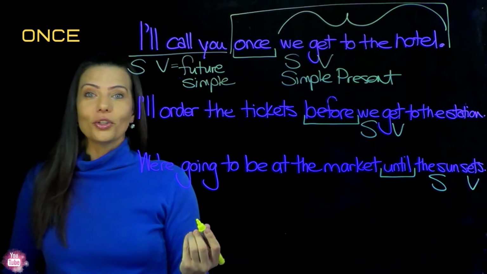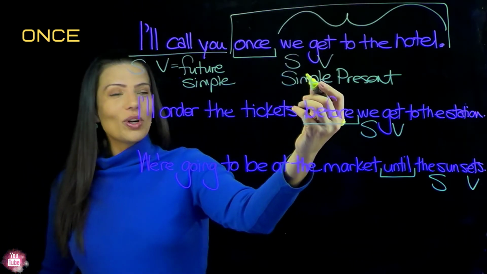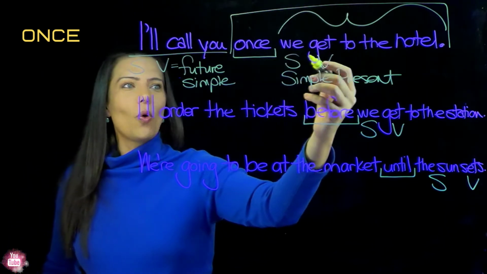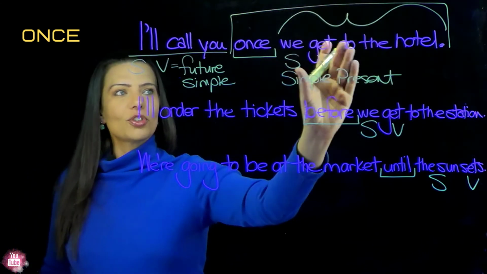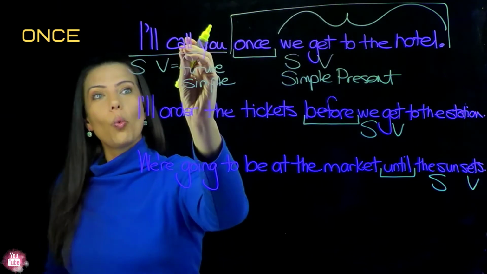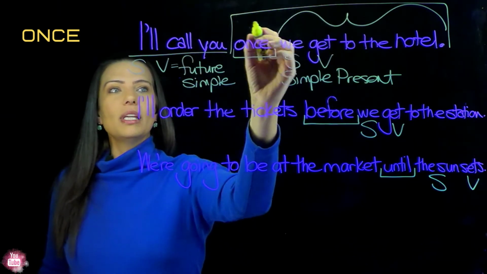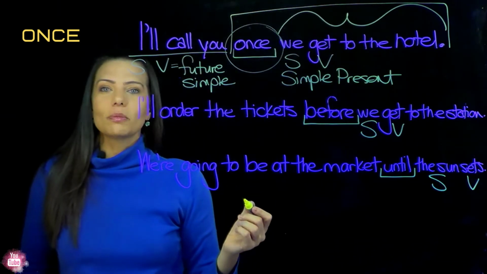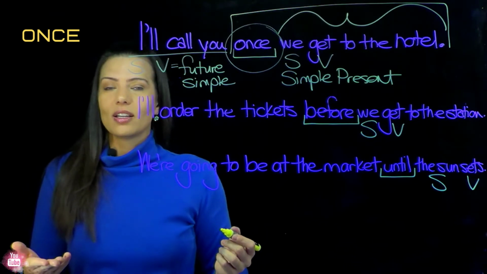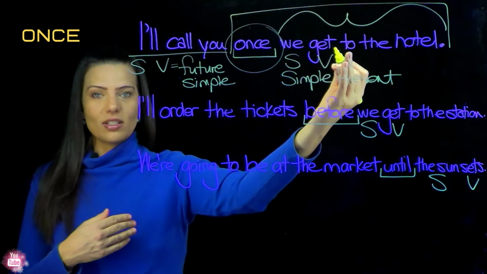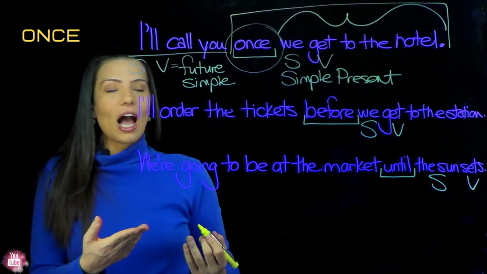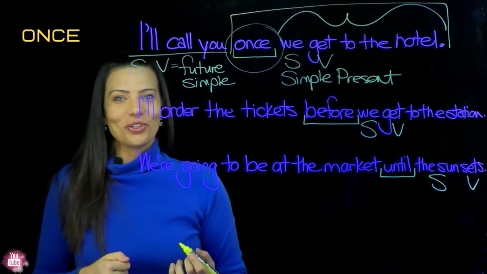I will call you. When are you going to call me? You're going to call me once we get to the hotel. Okay, so again, the future time clause is letting you know when that's going to happen. Now, the meaning of once is very similar to as soon as. So it means that something happens first, we get to the hotel, and then immediately after that, I am going to call you.